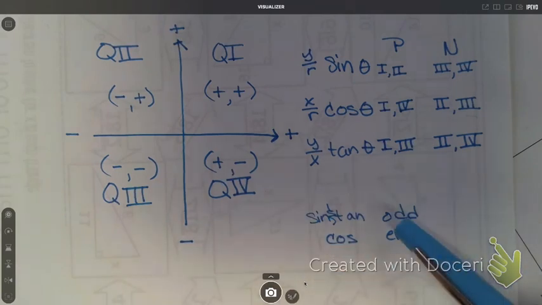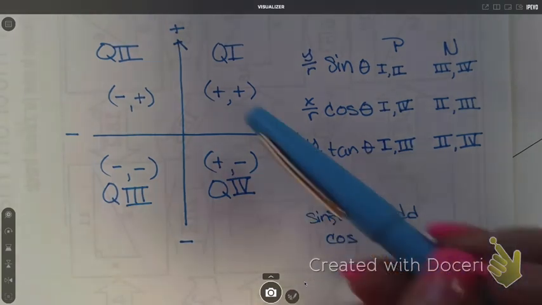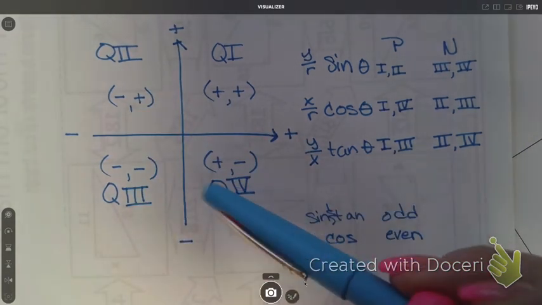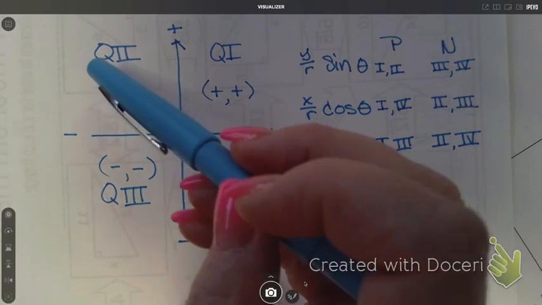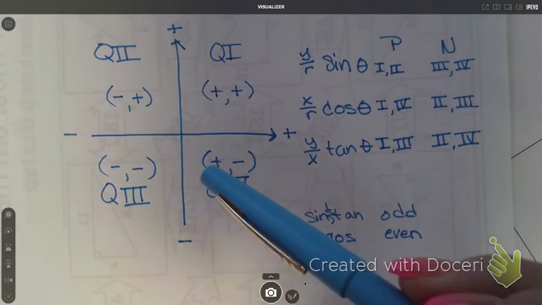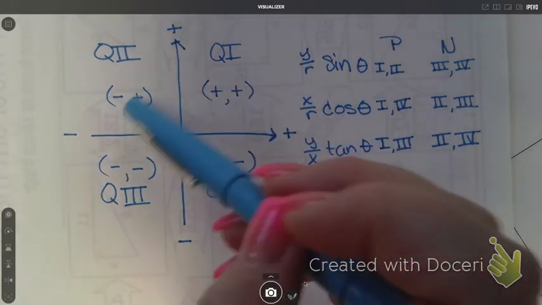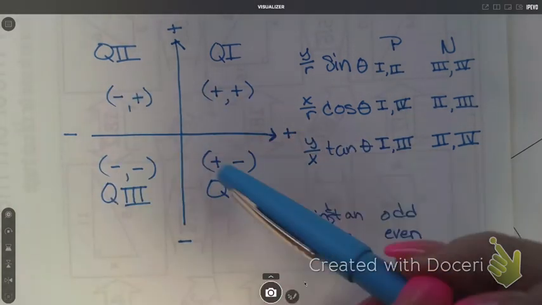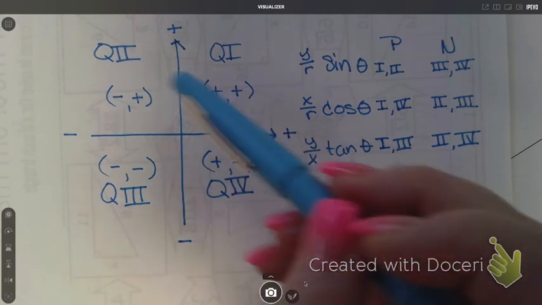Now, tangent, it happens the same way. Positive, negative, positive, negative. Negative, positive, negative, positive. I forgot, I should have been looking. Does that make sense? But cosine, positive, negative, negative, positive.